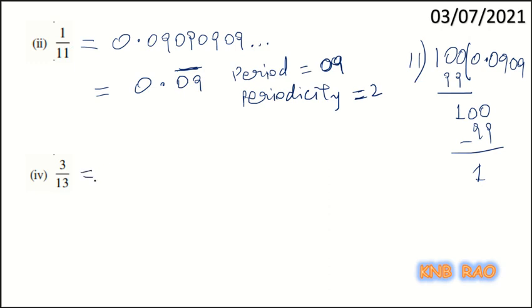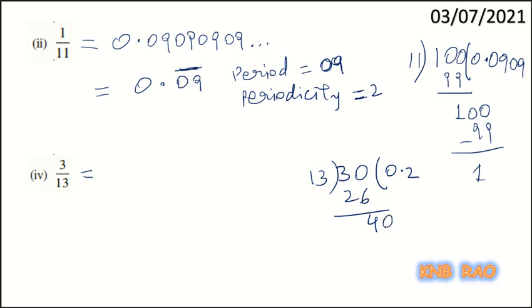Moving on to the next question, 3 by 13. You know, when we divide 3 by 13, first 0 we will take by taking the decimal point. So, 13 twos is 26 and 4 comes as the remainder.